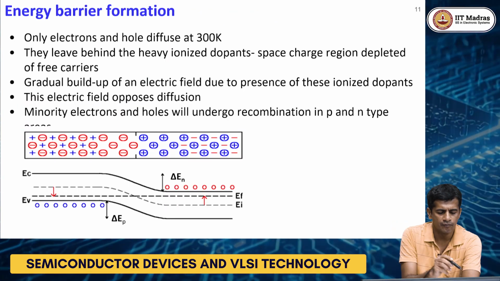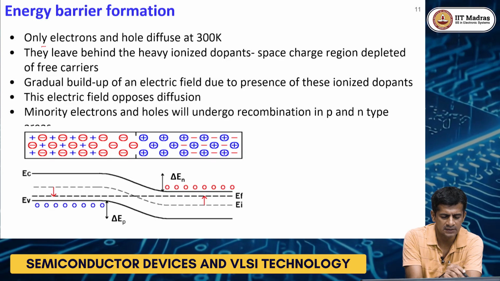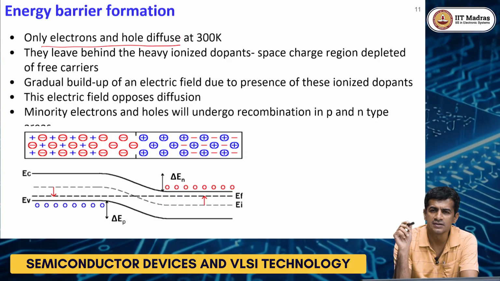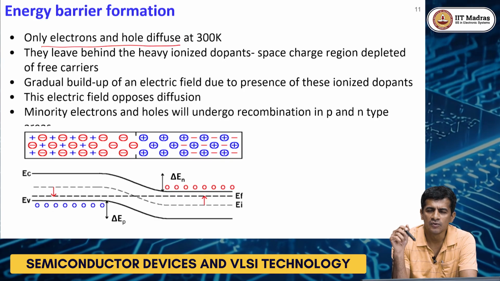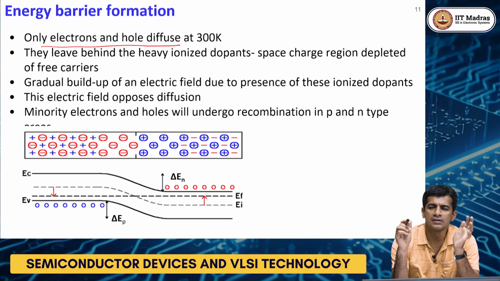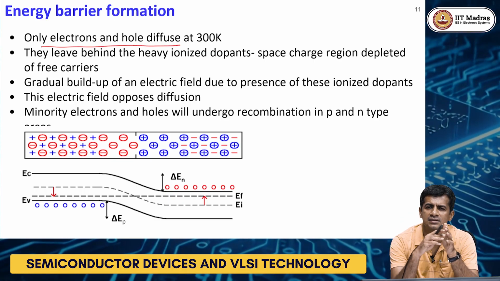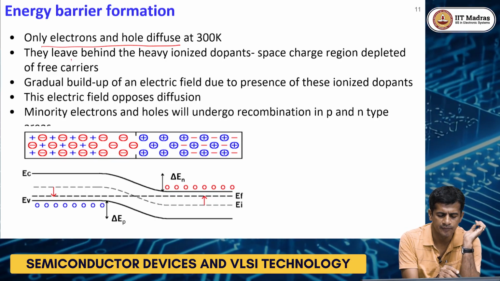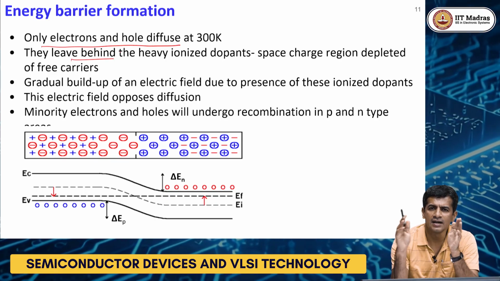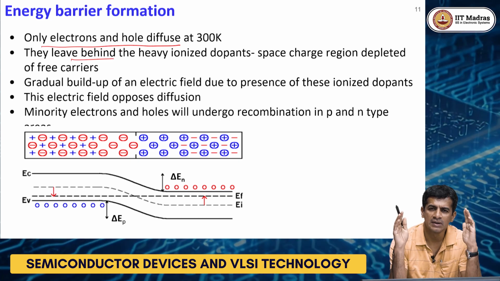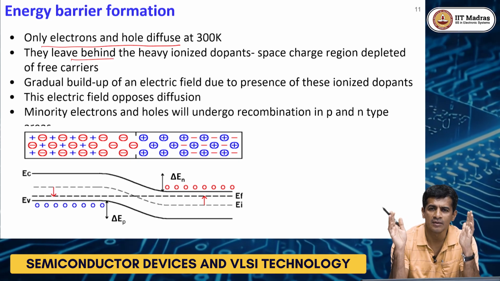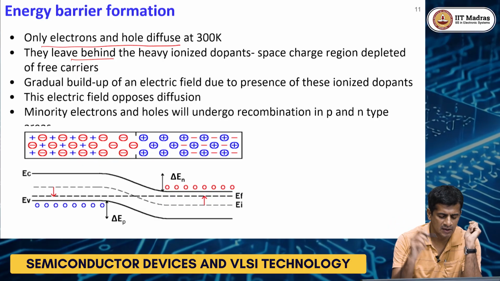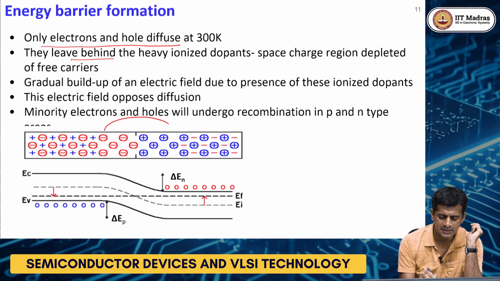So the electrons and holes will start to diffuse at room temperature. Once they start diffusing, they will leave behind the ionized impurity atoms. Both sides were electrically neutral at first. Suppose the holes are moving from this side to this side.